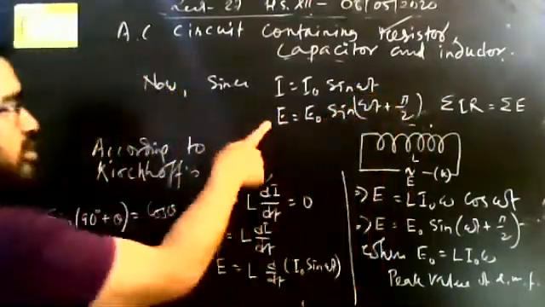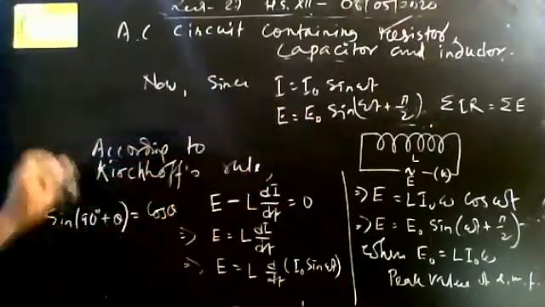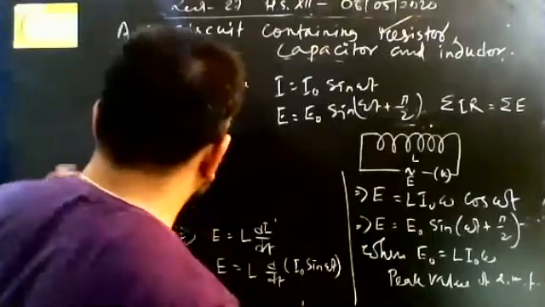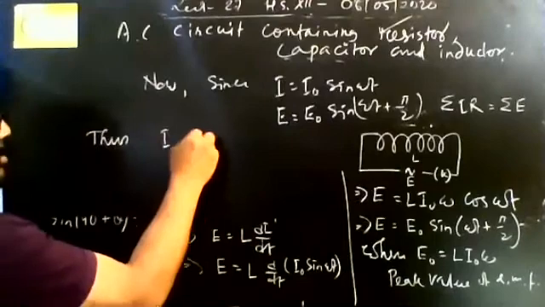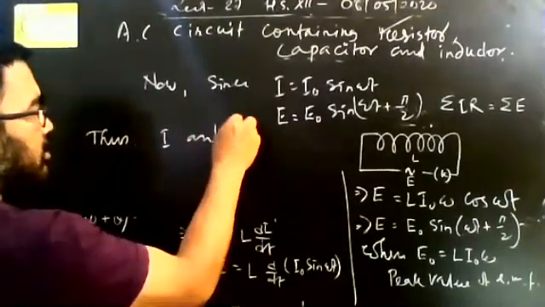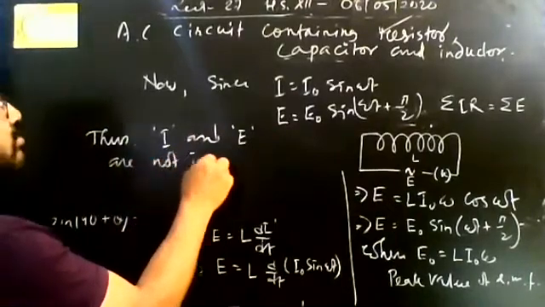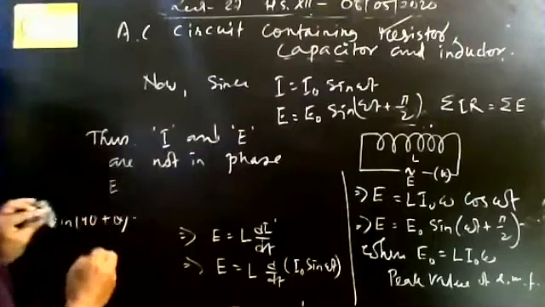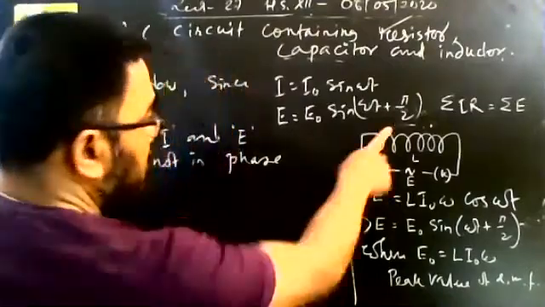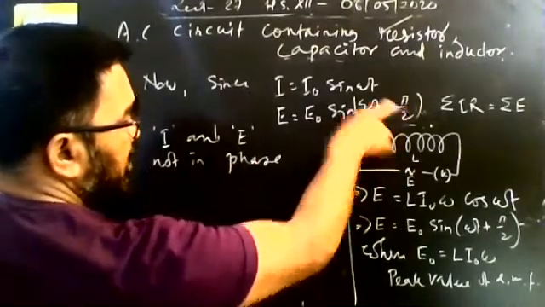So both E and I are not in phase. Thus I and E are not in phase. The phase of E is in excess by pi by 2.